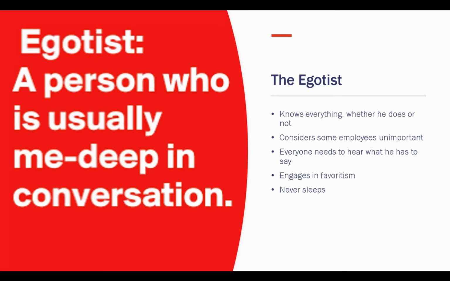When he issues orders and instructions, he does so at the top of his lungs. After all, everyone needs to hear what he has to say. He engages in office favoritism, dispensing punishment unequally, and he often bases those decisions on the things that he's heard while participating in office gossip.